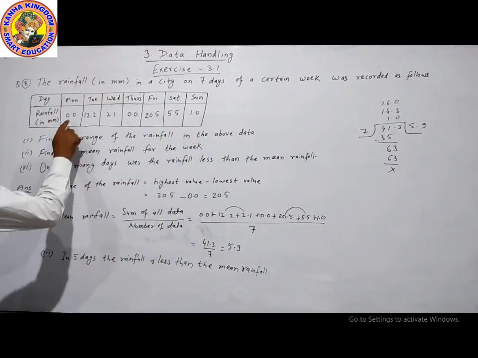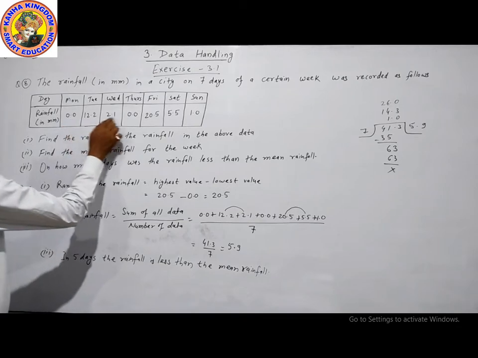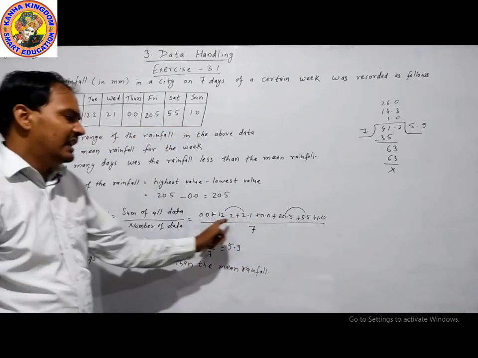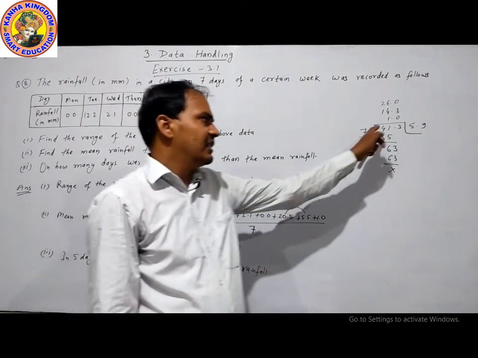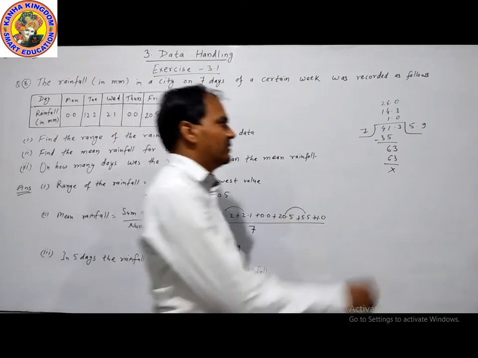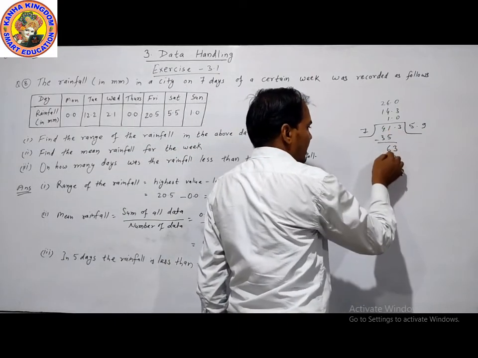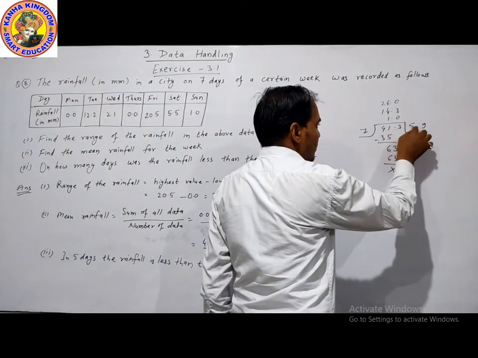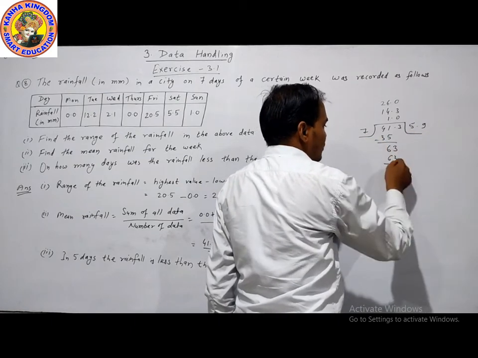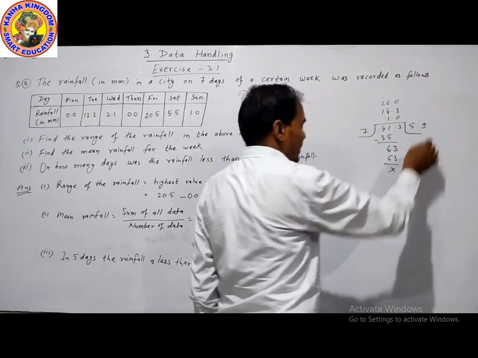The number of data is 1, 2, 3, 4, 5, 6, 7, so we divide by 7. By adding these numbers we get 41.3. Now dividing by 7, 5 times 7 is 35, remainder is 6. Next is the decimal point, and the next digit is 3. 9 times 7 is 63, so the answer is 5.9.